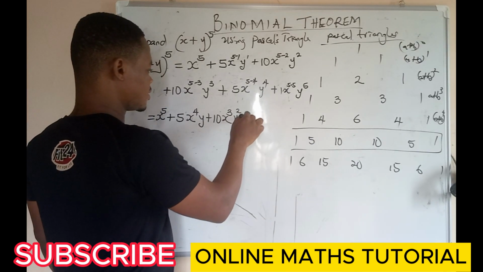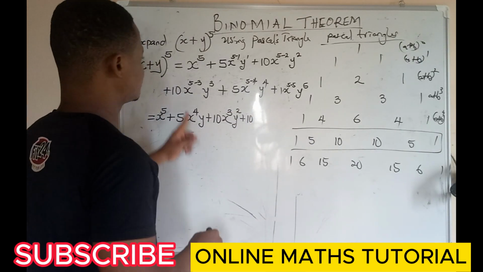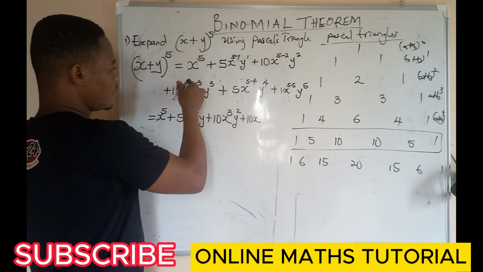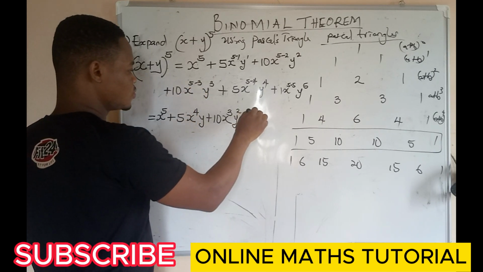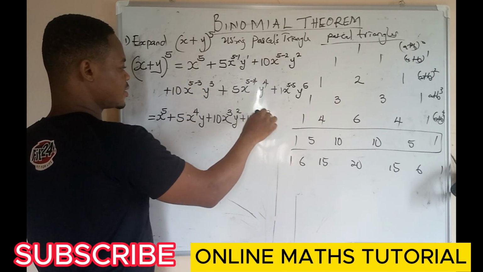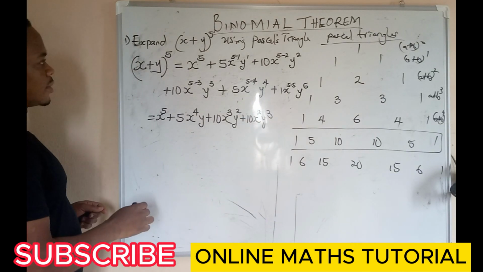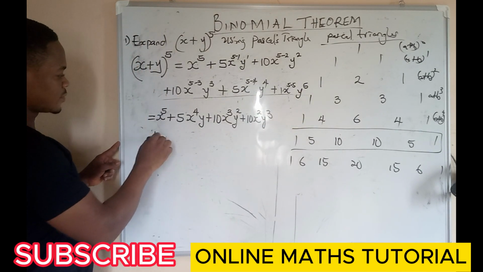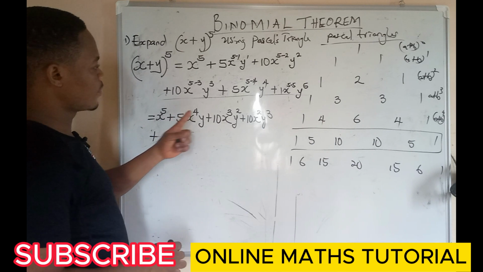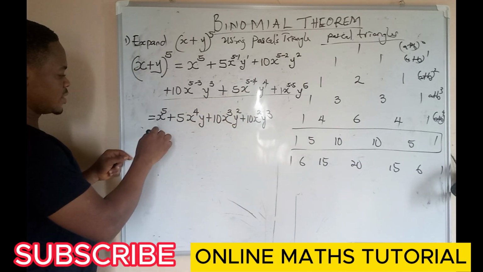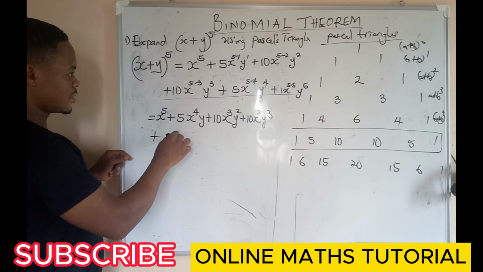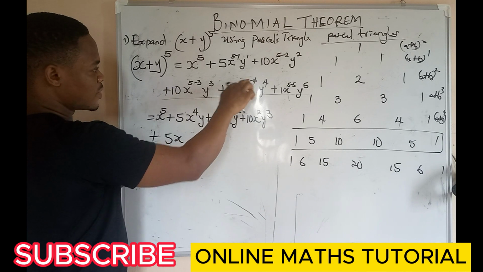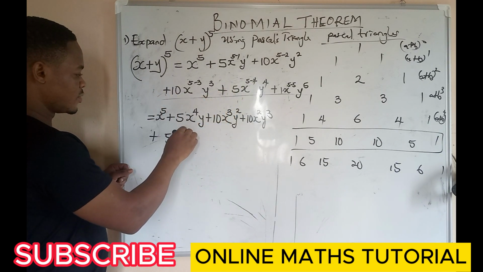Plus 10 x, 5 minus 3 will give us 2, and y is equal to y raised to power 3. Here, plus the next one, which is 5x raised to power 1, because 5 minus 4 is 1, y raised to power 4.